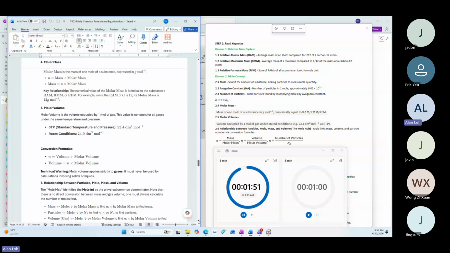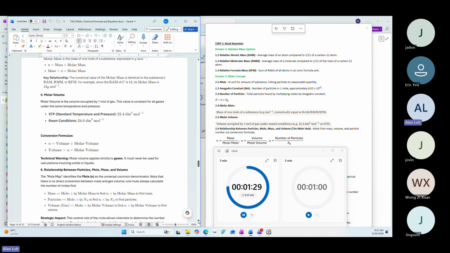So let's do 0.4, 0.5. Okay, I'll move down to 0.6.